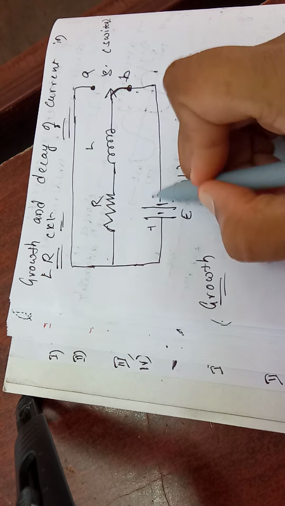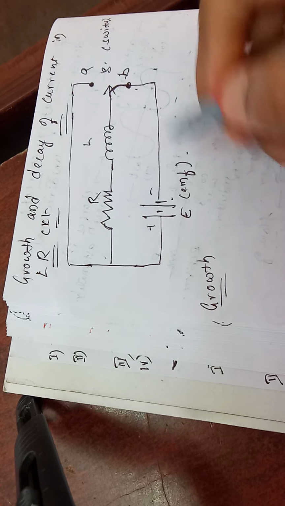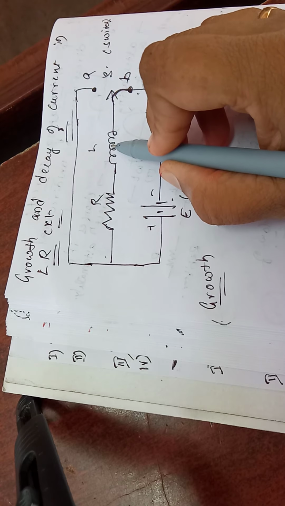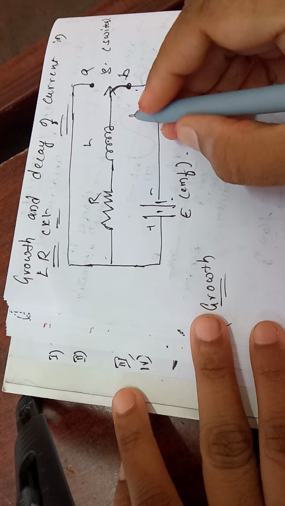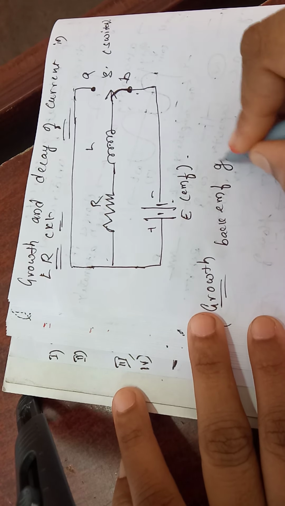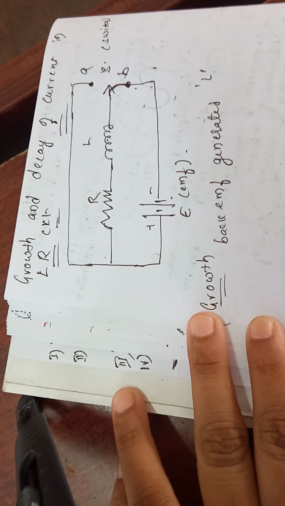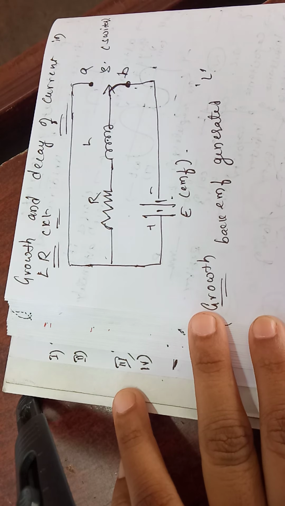Connecting the circuit to the battery means the current flows in the inductor. Due to that flow of current, a back EMF is produced or generated in the inductor.